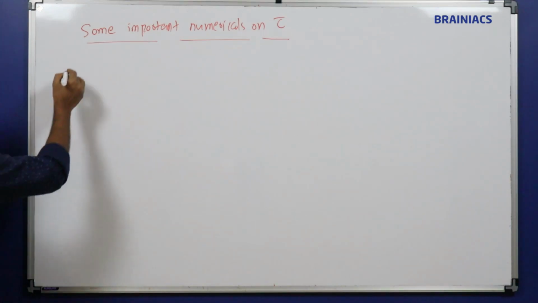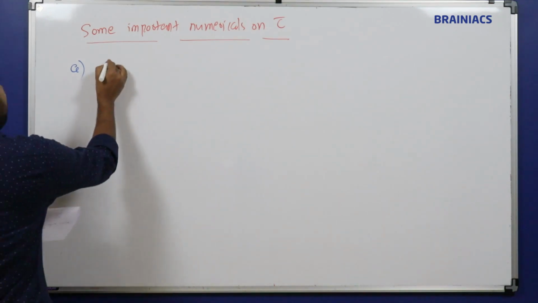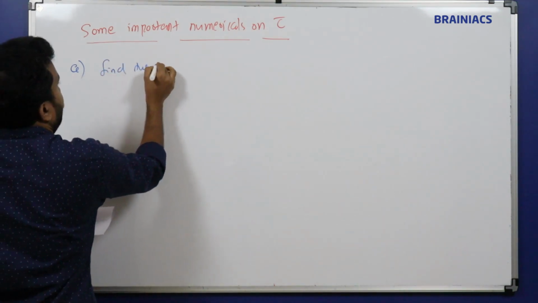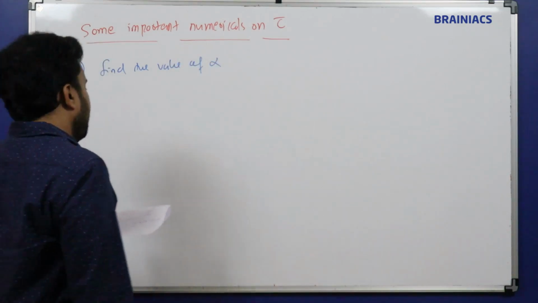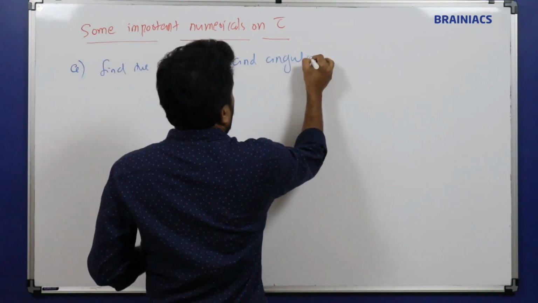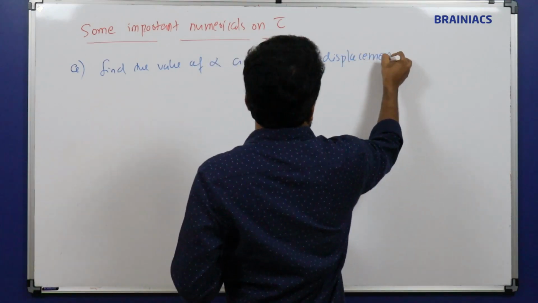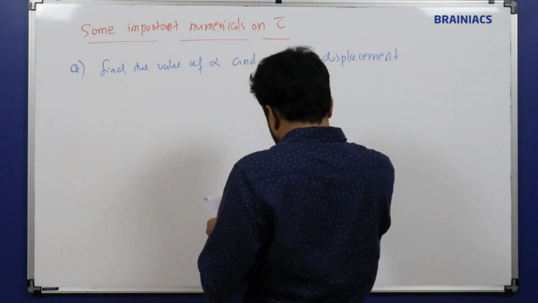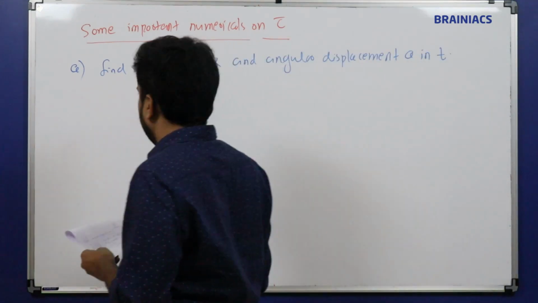Okay, so the first question, let me take my questions over here. Find the value of alpha and the angular displacement theta in time t.